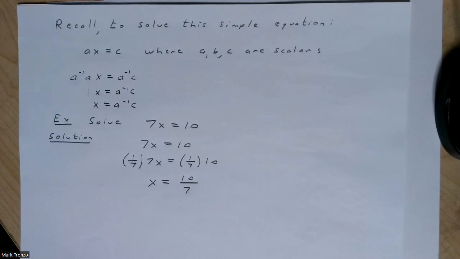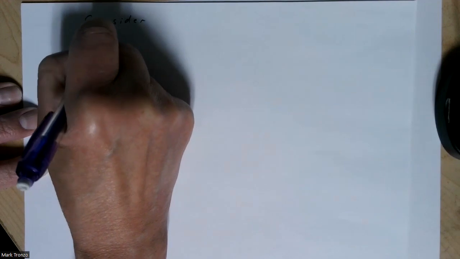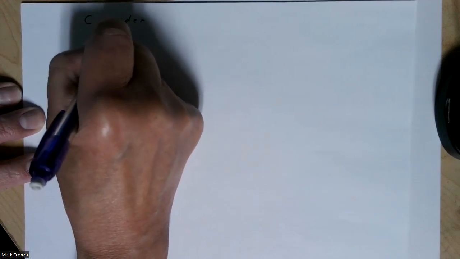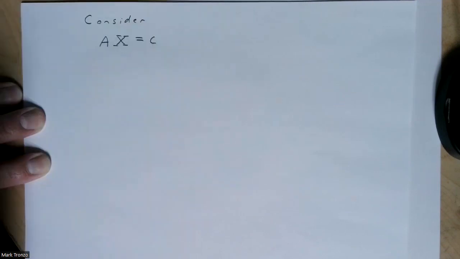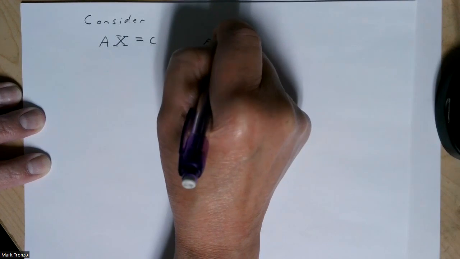And we're going to use the same understanding to help us solve similar equations with matrices. So let's consider AX equals C, again where A and C are matrices.